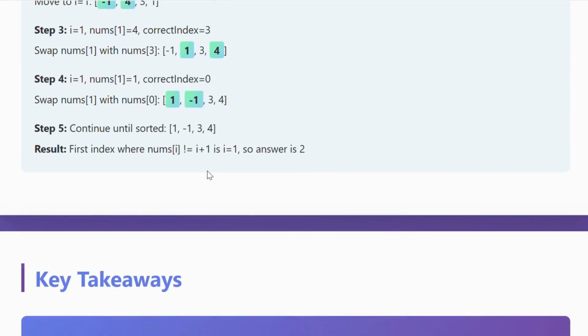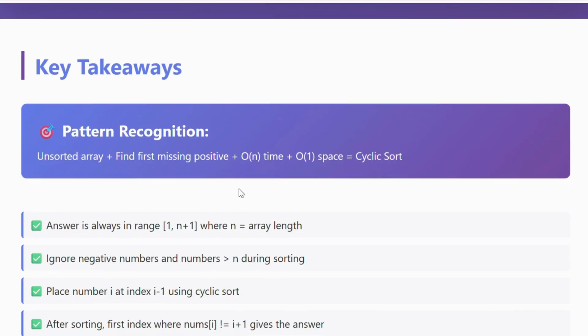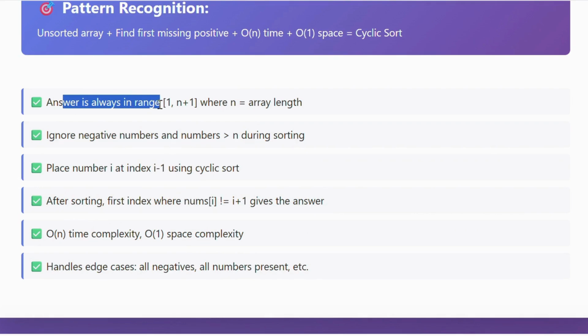We have already discussed it. So the takeaways: the answer is always in the range of 1 to n plus 1, because if all numbers are present, then n plus 1 is the smallest number which is not present in the array, and that is our answer. So ignore negative numbers and numbers greater than n.